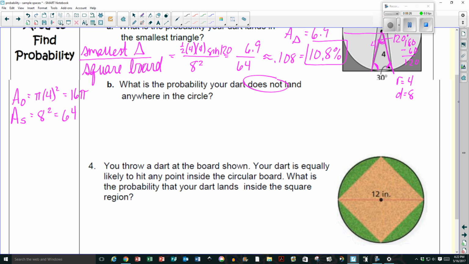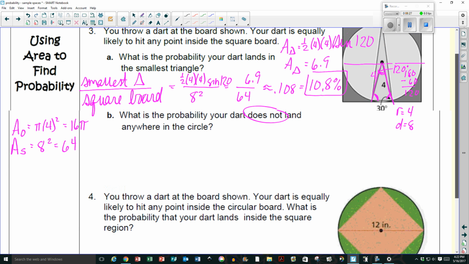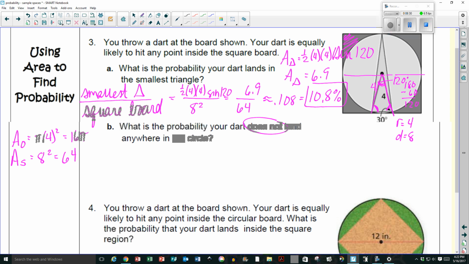Okay, so if I'm not going to land anywhere in the circle, that means I can land in all of the corners. So to find the area of the corners, the area of the corners is the square minus the circle. So the square minus the circle is about 13.7.